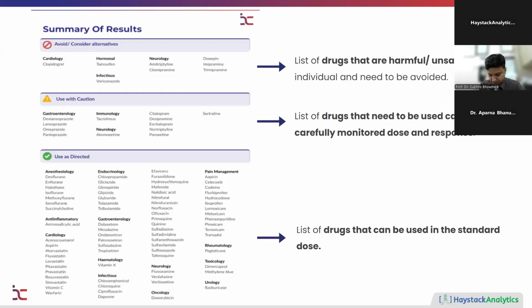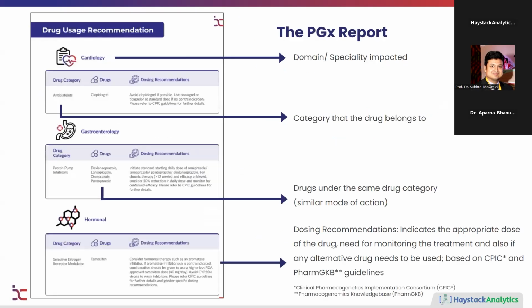In cardiology, an example is clopidogrel. In infectious disease, we have voriconazole. In neurology, we've indicated that you need to avoid or consider alternatives for amitriptyline, clomipramine, and so forth. So this is how the summary of the drugs is indicated based on the genetics.